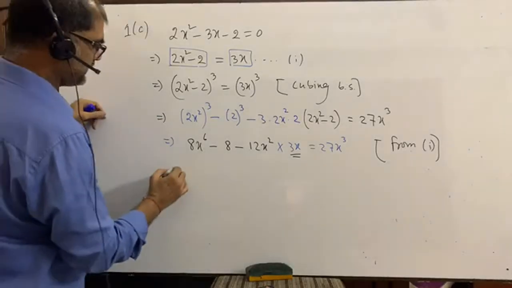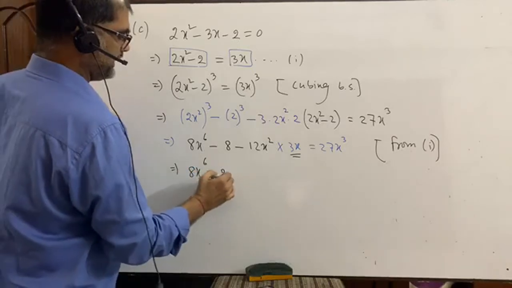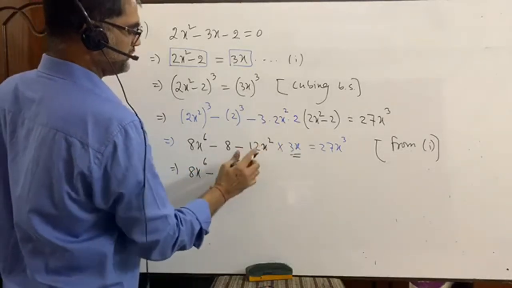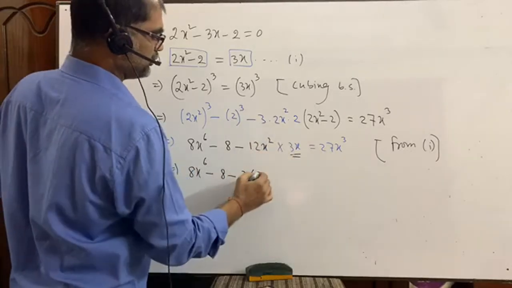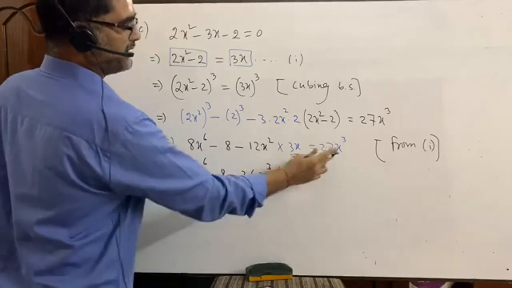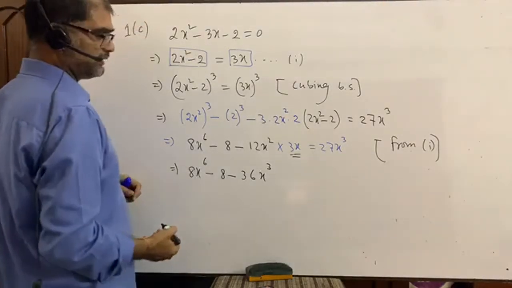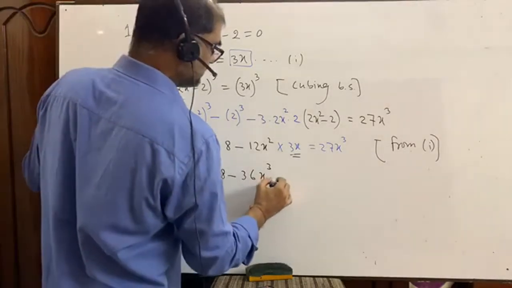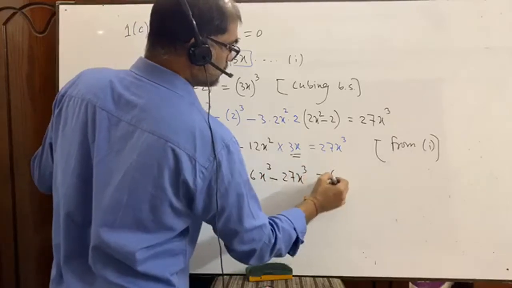Now what you are getting here: 8x to the power 6 minus 8 minus 3 twelves of what, 36 x square, here x, so it will be x cube, and this 27x cube on the right hand side, if it is taken to the left hand side, then we will get minus 27x cube is equal to 0.